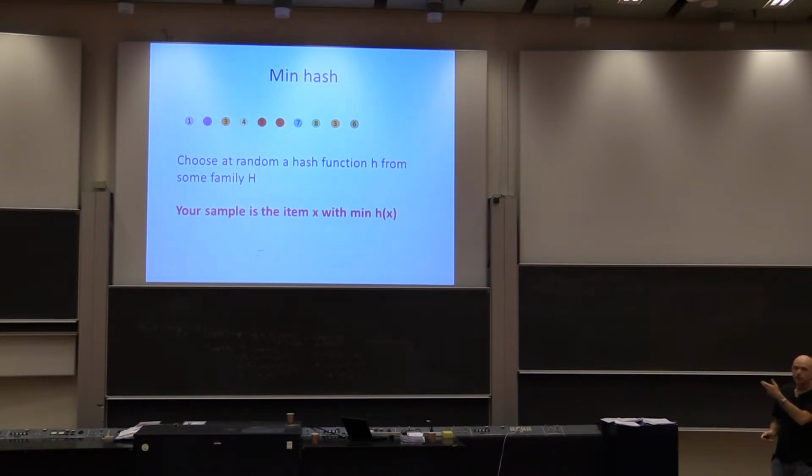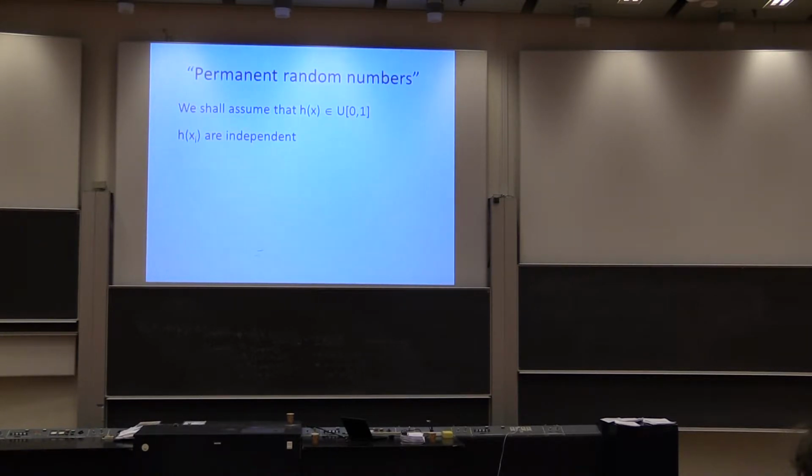You don't really have to use a truly random hash function. What you need is a min-wise independent family, a family such that if I take a hash function from the family, each item is equally likely to be the minimum. There is a lot of theory about those hash families, which I'm not going to talk about. I'm going to make my life really easy in this talk.